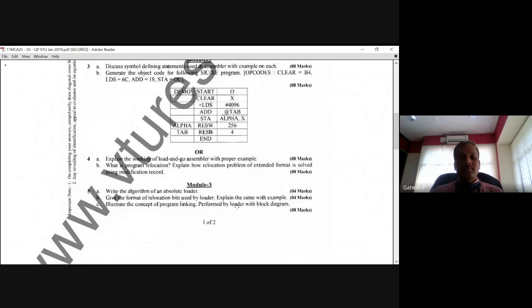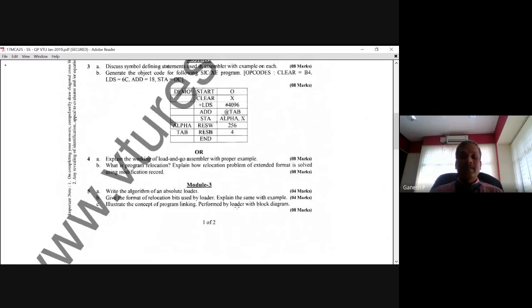Next, illustrate the concept of program linking performed by a loader with a block diagram. We have a diagram with program linking, taking program A, program B, program C. You have taken a common instruction like REF4, if you remember, and we have used the same REF4 as an LDA with a list A plus some program A value, and that same instruction has been used in multiple programs like program A, program B, program C, and everywhere we have shown that the address comes back to the same value.